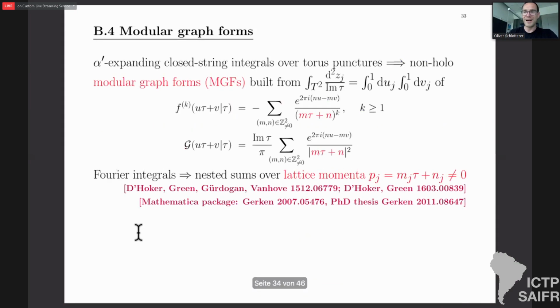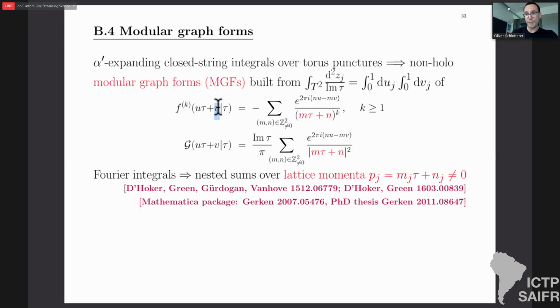Now, a few more words about the modular graph forms. So for the closed string, you have the job to integrate Arakelov-Green's functions over the torus and also these integration kernels Fk. And both of them are doubly periodic functions tailored to the A cycle and B cycle of the torus. So needless to say, you can Fourier expand in the two real coordinates u and v on the torus.